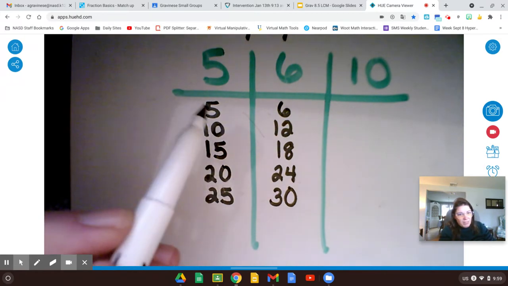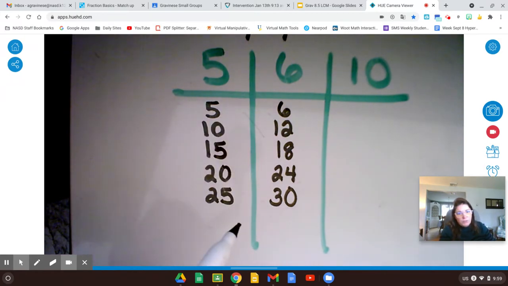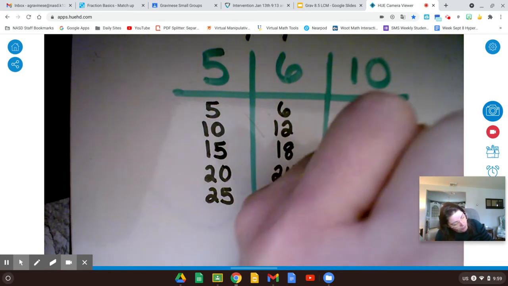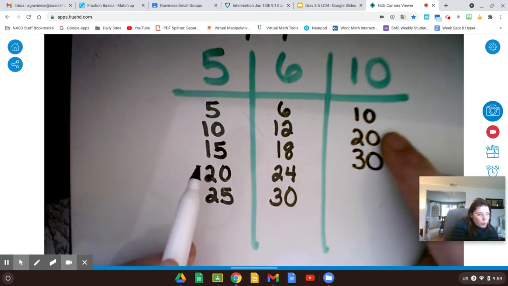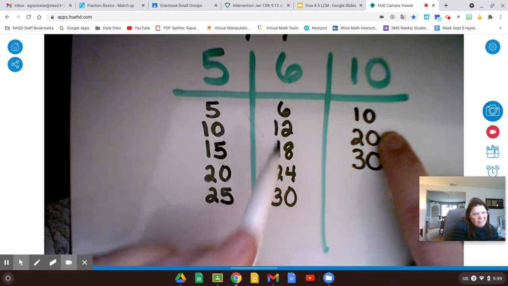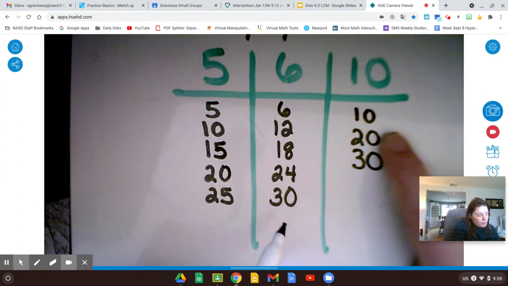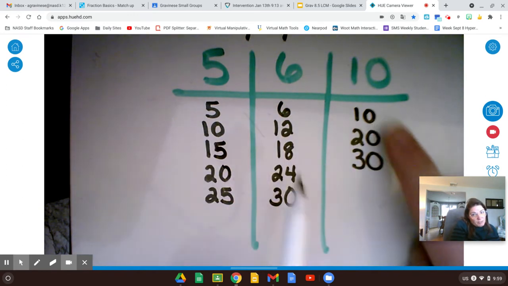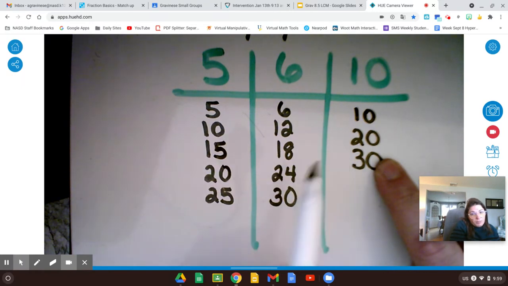I don't see anything in common yet, do you? No. 10, 20, 30. Wait a minute. 20 was in my multiples of 5, but not in my 6s, so that can't work. 10 was also in my 5s, but not my 6s. 30 is in my 6s, but not my 5s.